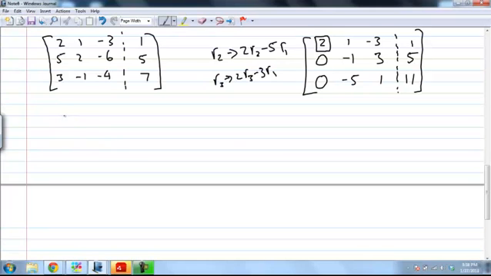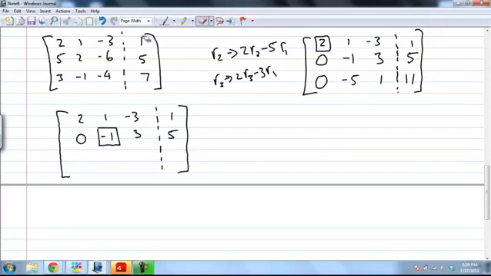I'll continue the elimination. Second row is not going to change. I'll form row 3, remembering that I want to use this pivot to eliminate this 5.